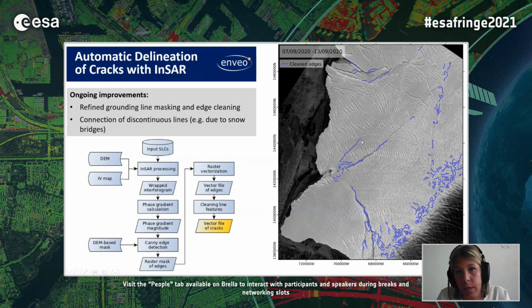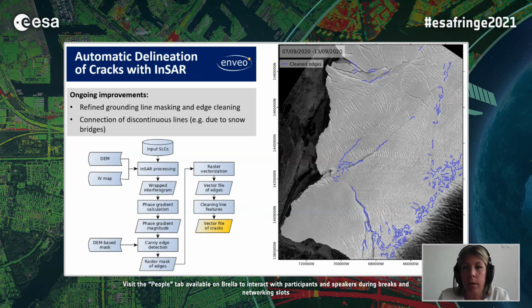We see that we can pretty well delineate the North Rift and also the Chasm. Unfortunately, it's more complicated for the Halloween crack, because this is a crack that is in part interrupted by snow bridges. So you have discontinuous detection, and somehow we need to be able to connect that.